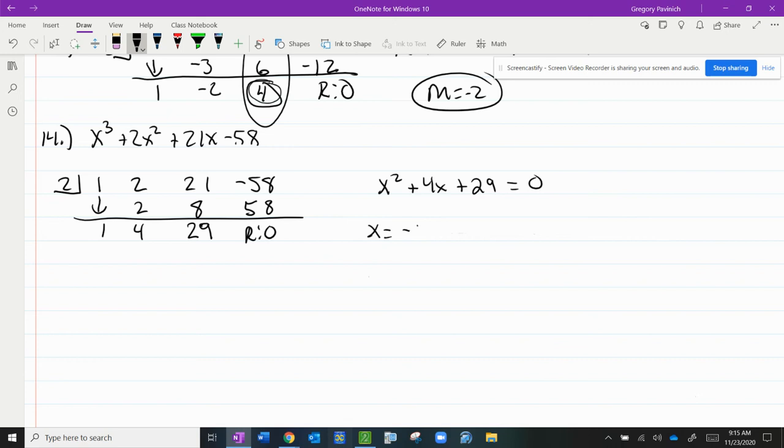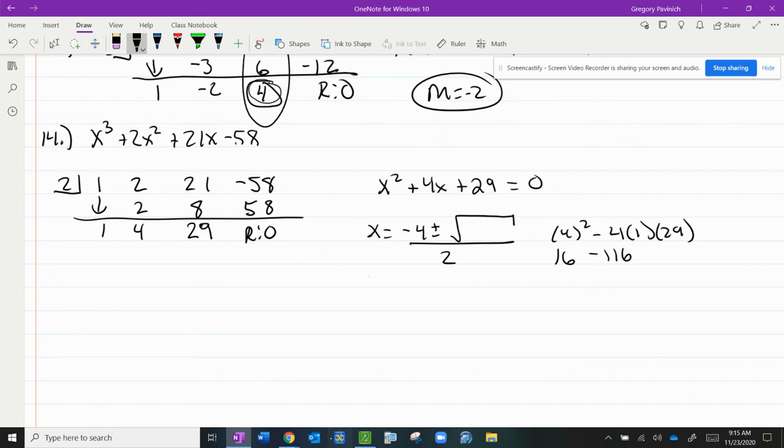So opposite b, plus or minus the square root, 2 times a. Now b squared minus 4 times a times c. All right, let's do this again. So 16. Now I have 29 times 4 minus 16.